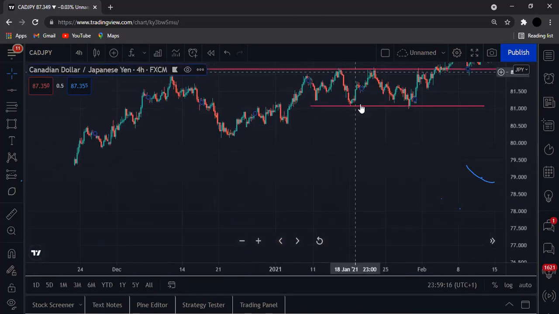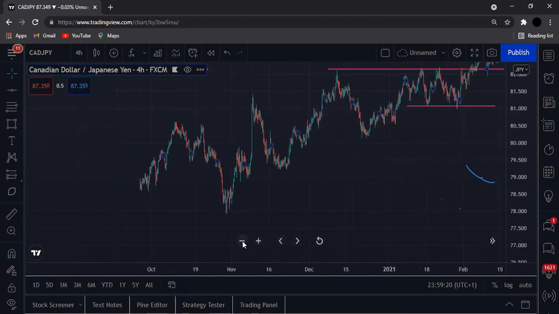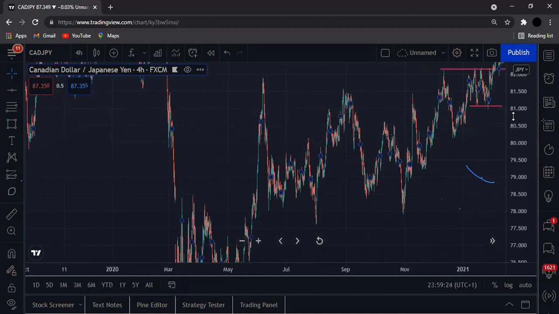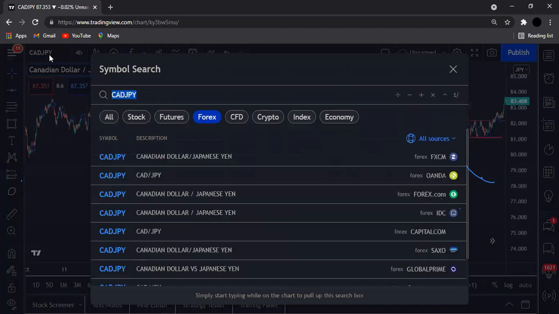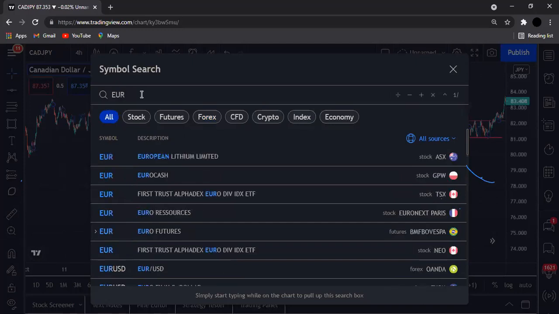So let me try looking for one more. In fact, we can go to another pair. Let's try Euro USD, which is one of the most traded pairs in the market.